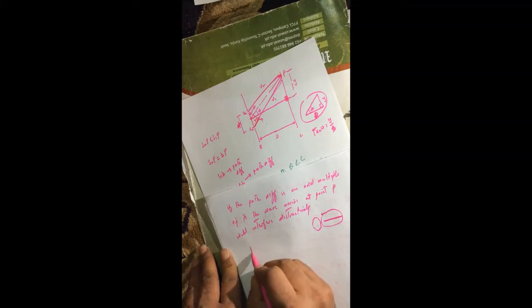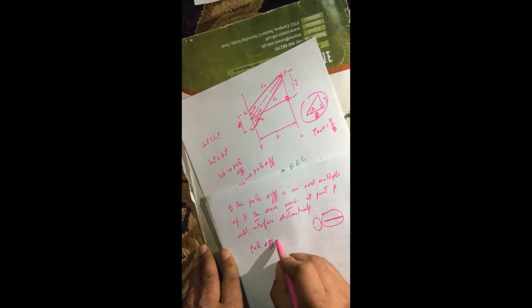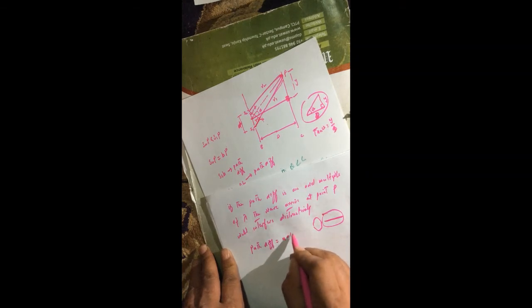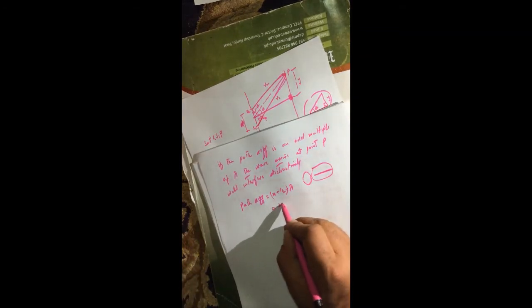We can say that for destructive interference, the path difference should be m plus 1 over 2 lambda, or 2m plus 1 lambda by 2. It's the same because these two results are equal.